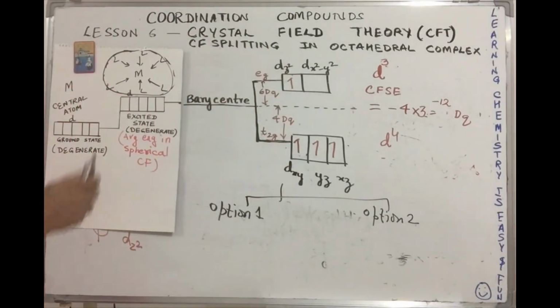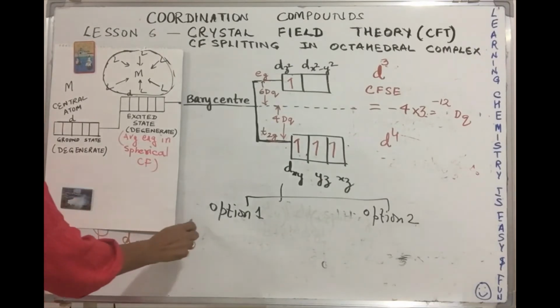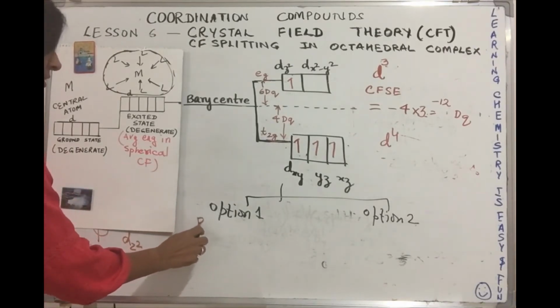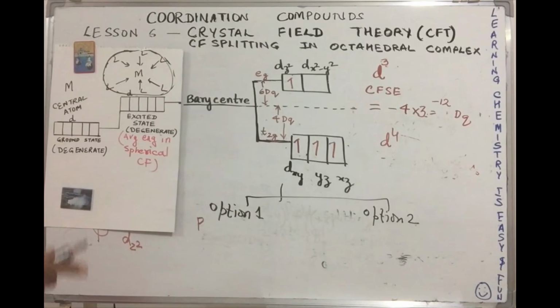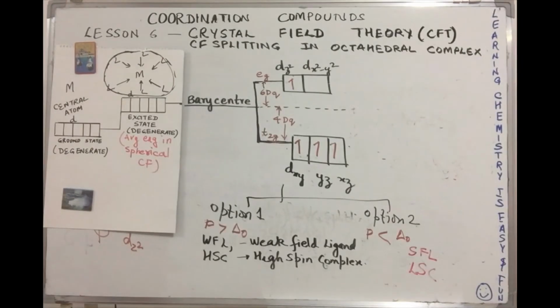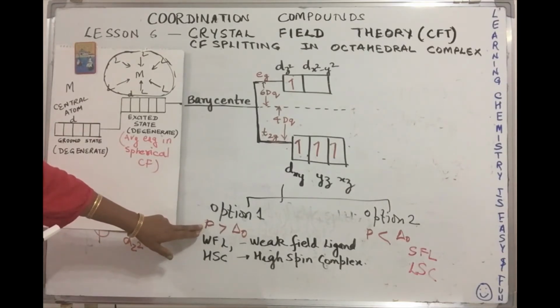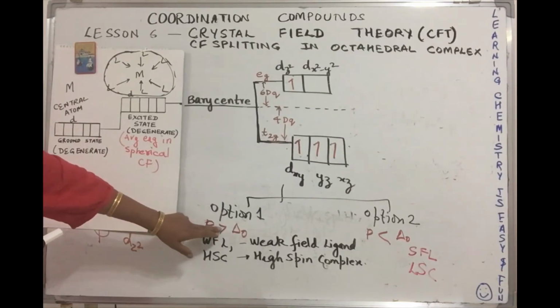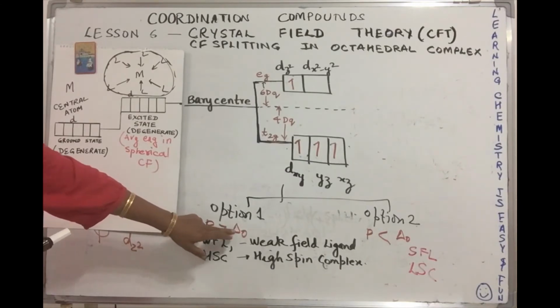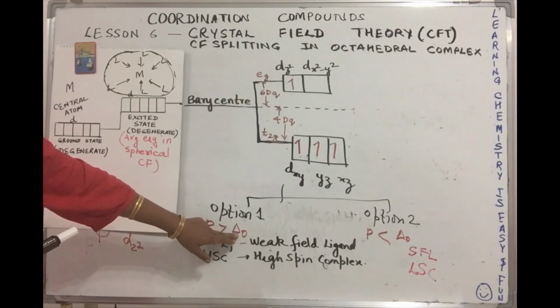In other words, they are not allowing pairing to happen. We have option 1, wherein the pairing energy is much higher than the octahedral splitting energy, right?